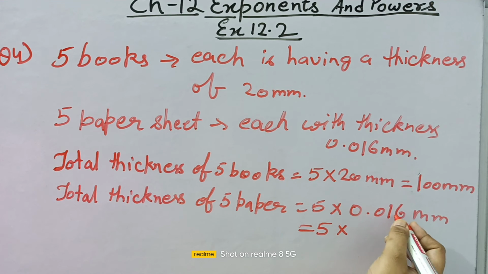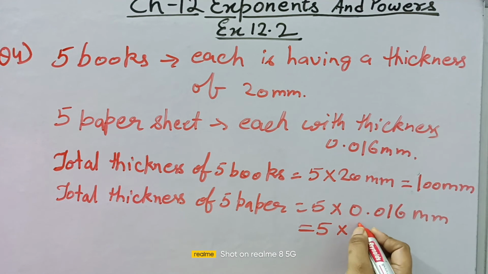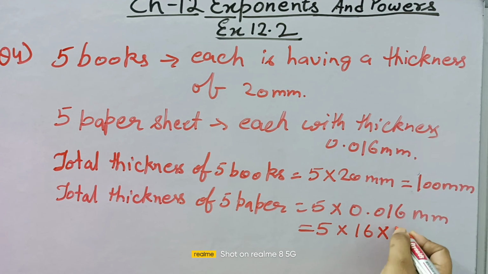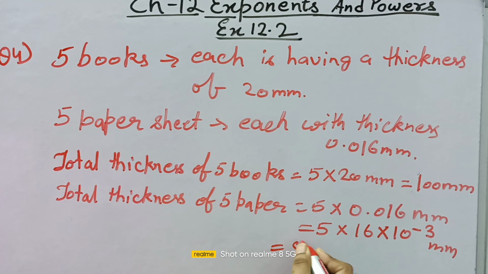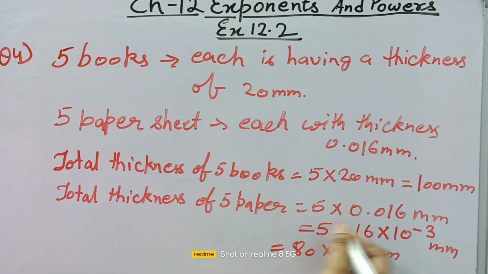It will shift for 1, 2 and 3. 3 times it will shift, or you can shift it for 2 times also. I am shifting it for 3 times. It will become 16 multiply 10 raised to the power minus 3 millimeter. Now I can directly multiply 16 and 5. It will become 80 multiply 10 raised to the power minus 3 millimeter. This is the thickness of 5 paper sheets.